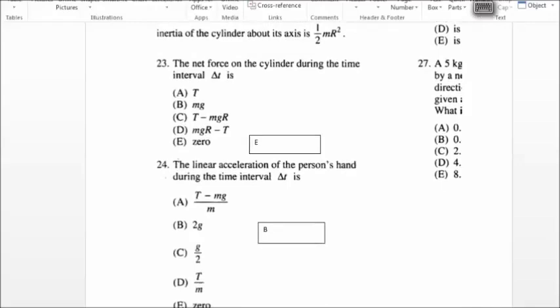What is alpha? Alpha is related to linear acceleration by a by r. So alpha is a by r. So mg capital R is equal to half mr square multiplied by a by r. That's a capital R. So once you simplify that, we will find that the linear acceleration is equal to 2g, which is the answer B.